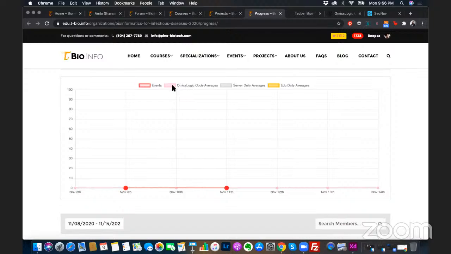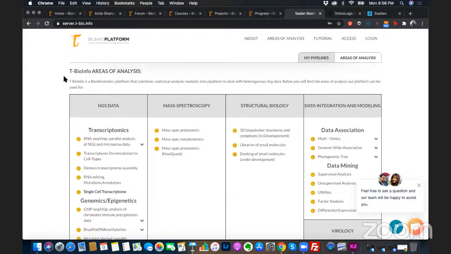The pink is suggestive of the Codeomics Logic platform. The server platform is denoted by the gray, and yellow is for the courses and activities that you do right here.